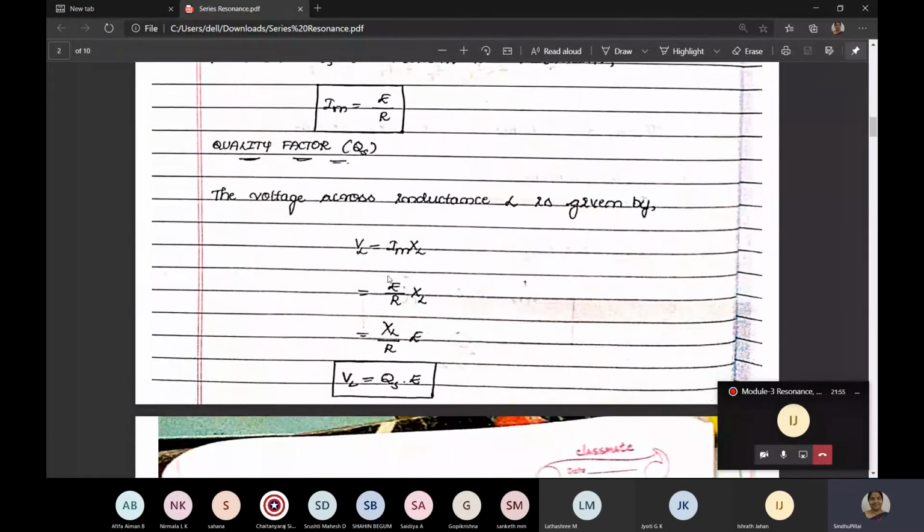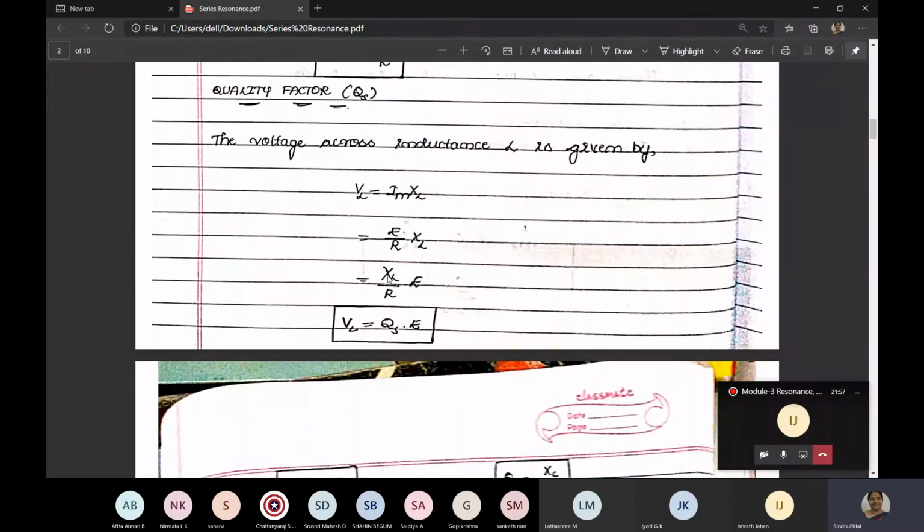Next we'll see the quality factor. Definition of quality factor, so we'll derive the equation for that. For that we have to consider the voltage across inductance L. The voltage across L is given by the maximum current Im into XL, the reactance of that inductor. The maximum current is E by R into XL.